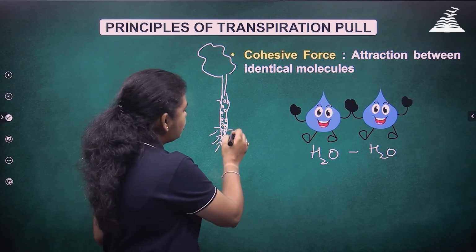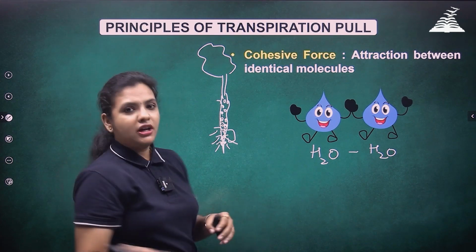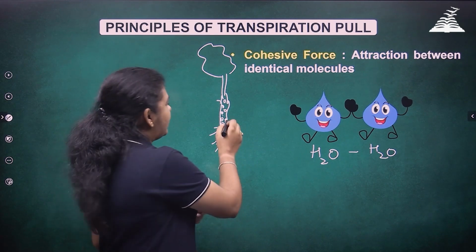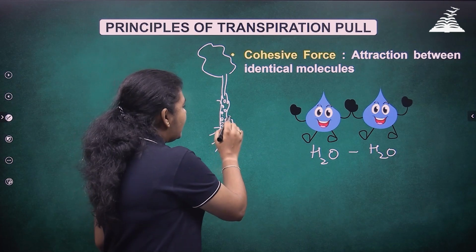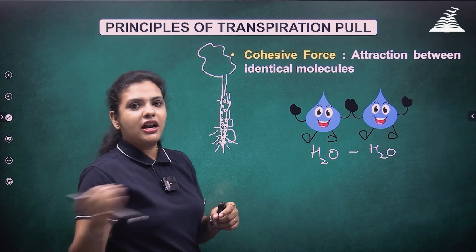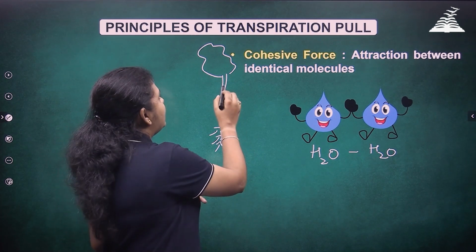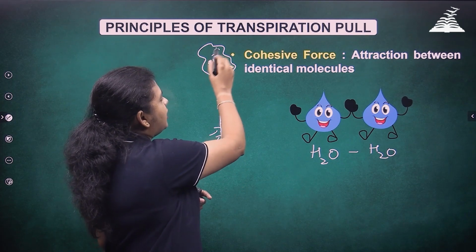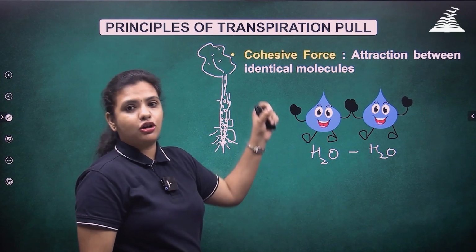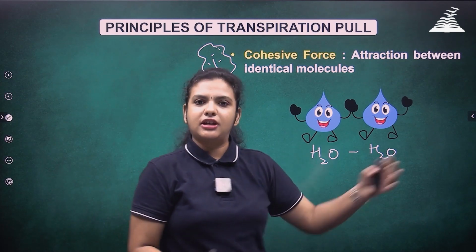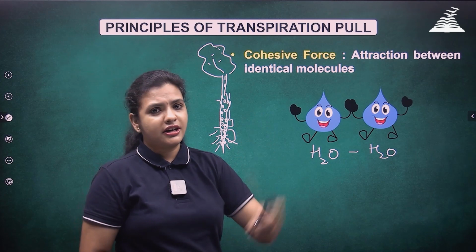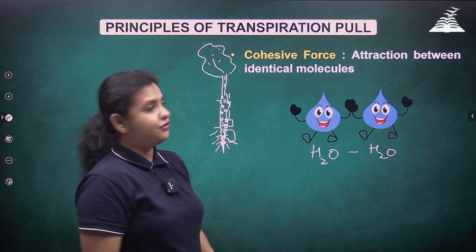It is like this molecule tells this molecule, come with me, come with me. And this molecule says, you come with me. So in turn they are pulling each other, and then they go up to the entire part of the tree, right? So they are getting attracted to each other, pulling each other to great heights. That is a cohesive force.